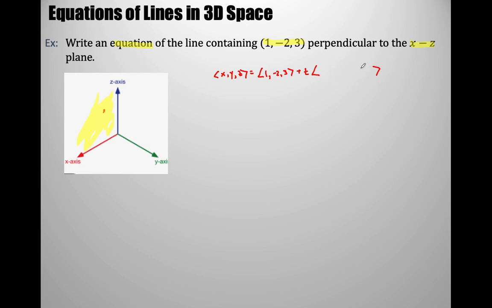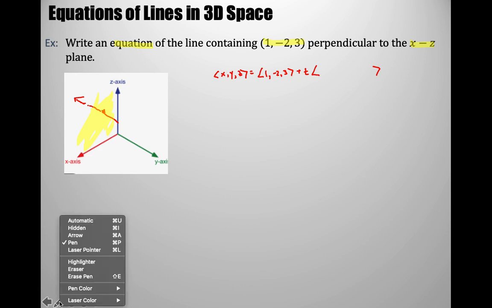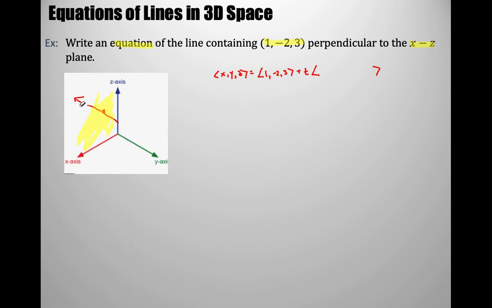And direction vectors, remember, in vector land are pretty nice, because I just need to be, and again, I'm going to pathetically try to draw this. It's supposed to be dashed. Let me try that again. Ah, that's not what I wanted to do.